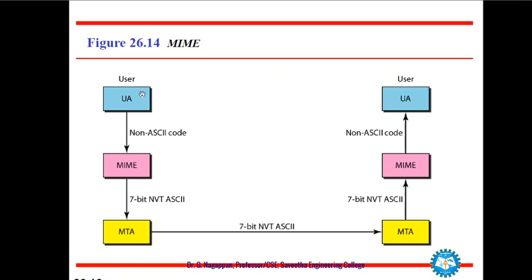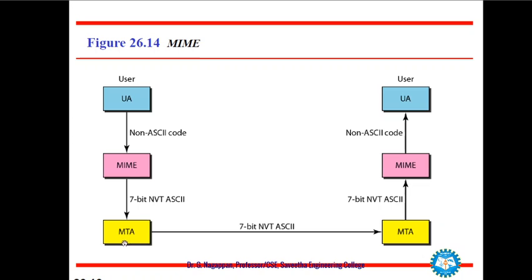The user agent will receive that and send it in non-ASCII code format, whereas the MIME protocol, according to the version, will convert it into 7-bit NVT ASCII, network virtual terminal ASCII characters, which can also carry other formats of data.